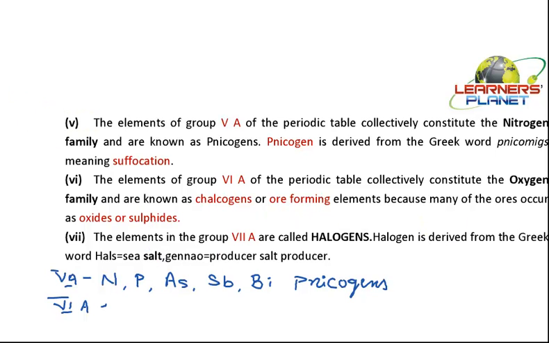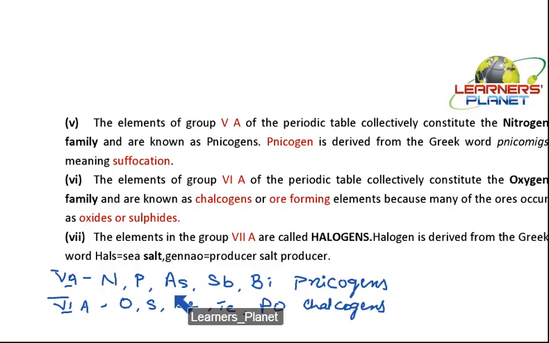Now you must be wondering, what are the elements here? These are oxygen, sulfur, selenium, tellurium and polonium, and these are called as chalcogens. Because we have seen in metallurgy that most of the metals are existing as oxides or sulfides.